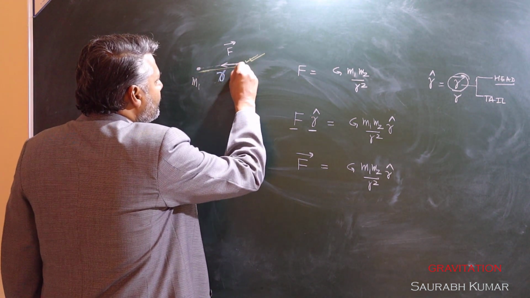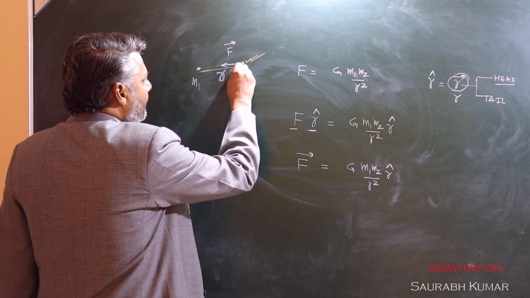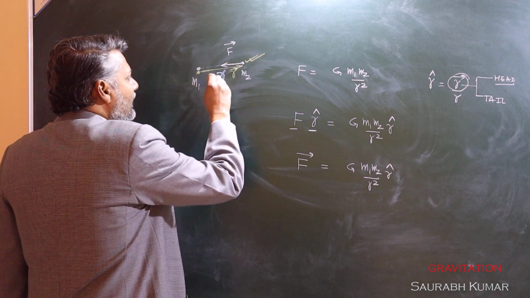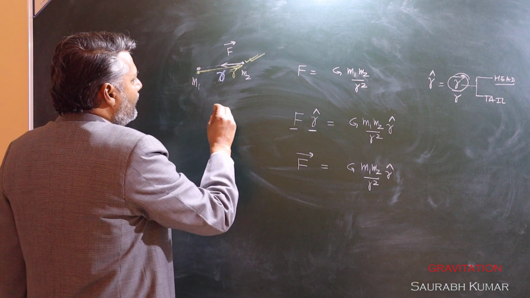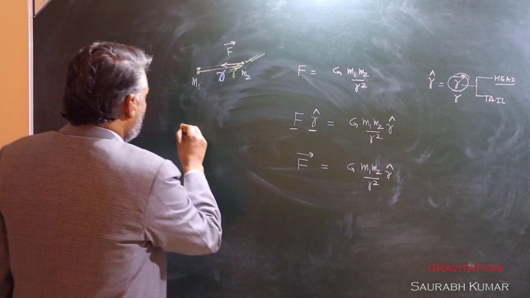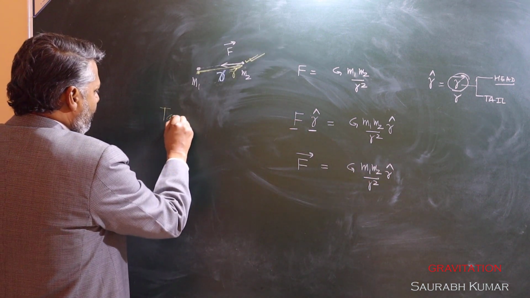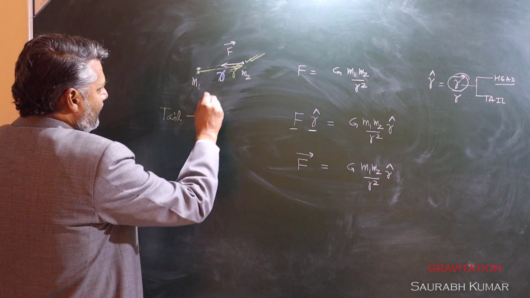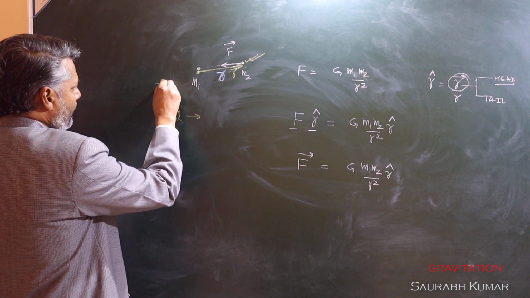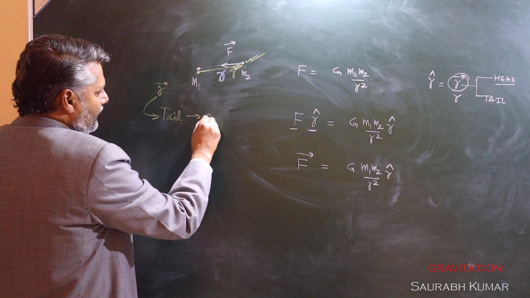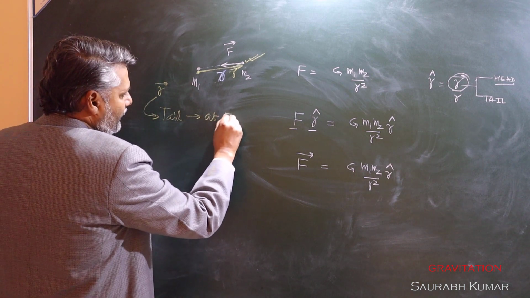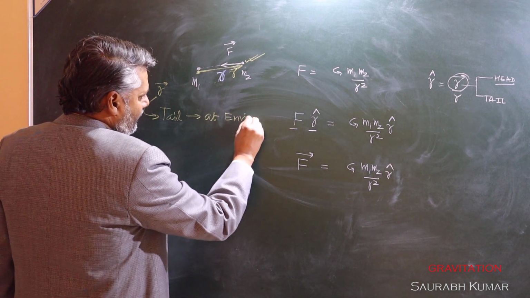So this is vector r. Where is the tail of that vector and where is the head? The tail of vector r is at the environment.